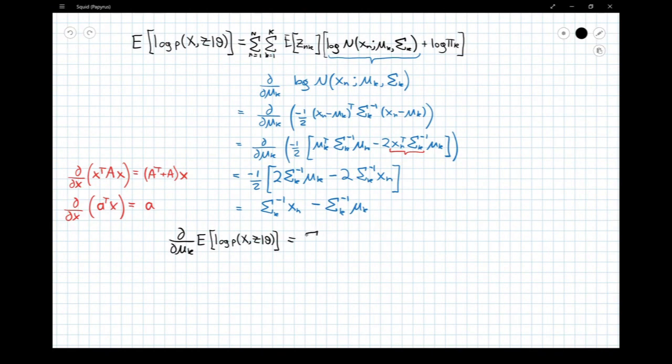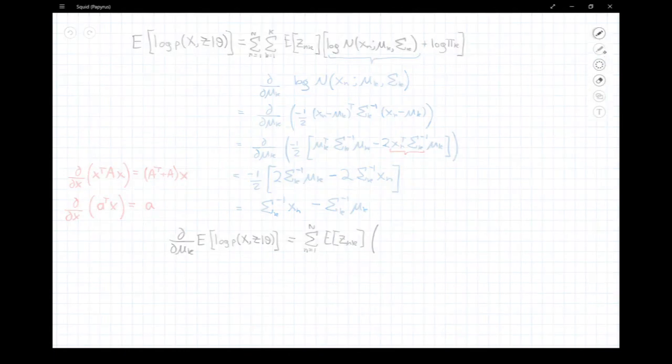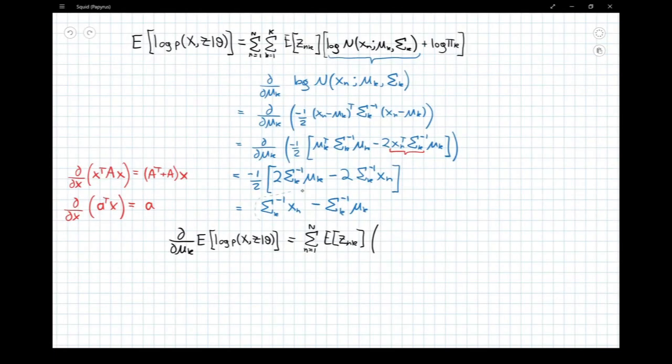the sum over n equals 1 to n of our expected znk, which we're just treating as a constant. And then it's the derivative of this with respect to mu k, so that is equal to what we have here.